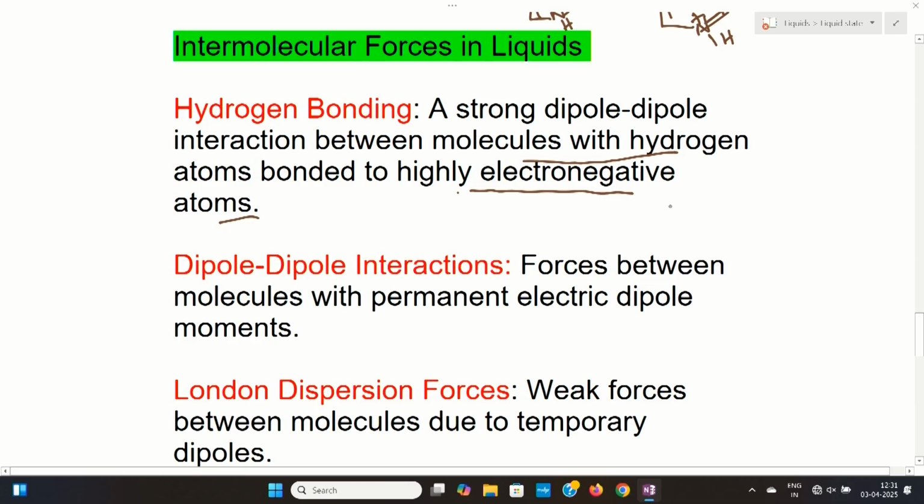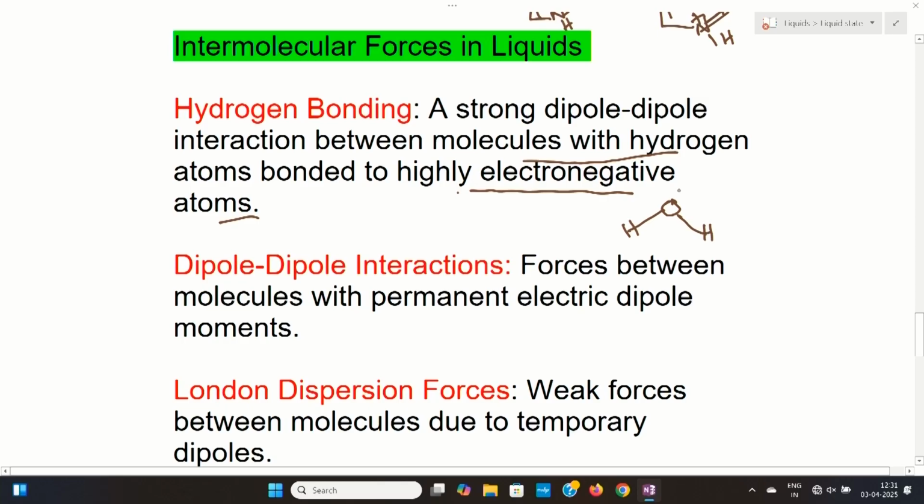That means, if we take the example of water, here we have water. This oxygen is bonded to the hydrogen of another water molecule.